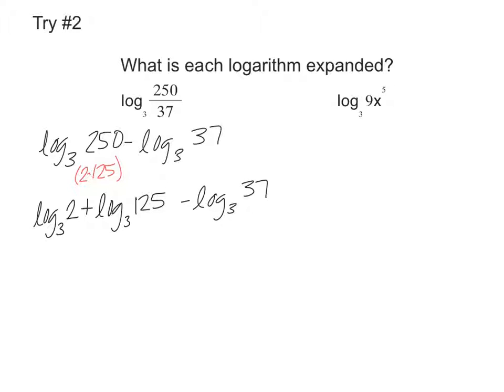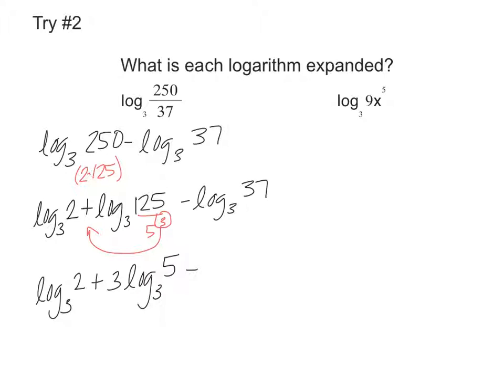Remember, 125 is really 5 cubed, so we have to move that power to the front. So this finally produces log base 3 of 2 plus 3 log base 3 of 5, and then finally minus log base 3 of 37.